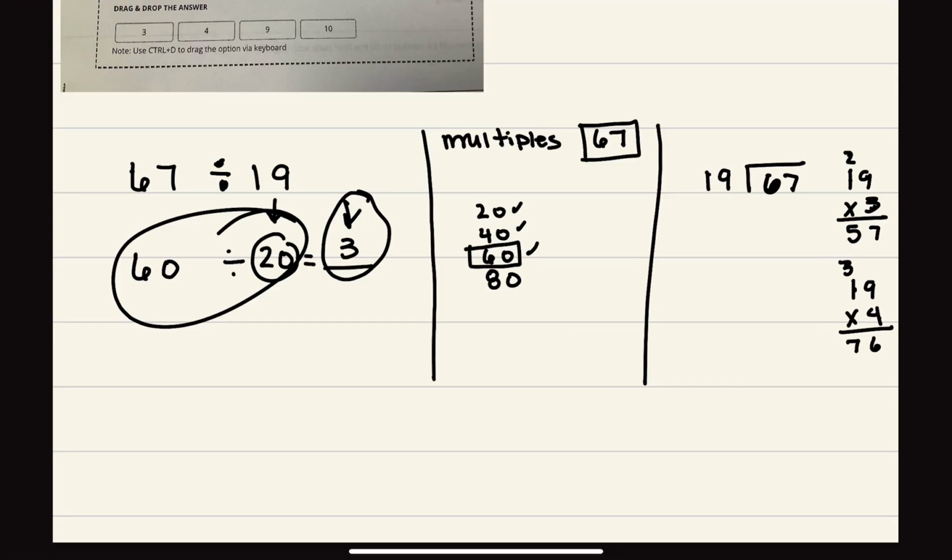Plus 3 is 7. 76 is too big, so I'm going to take this one, meaning I can only make 3 groups. My multiplication's already done, so I can set it up for subtraction.